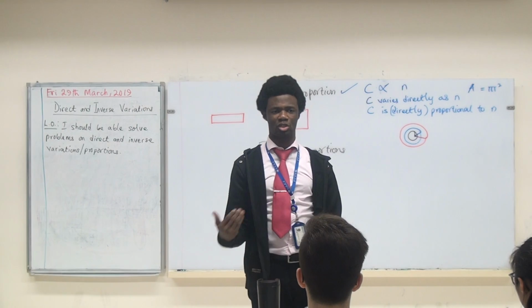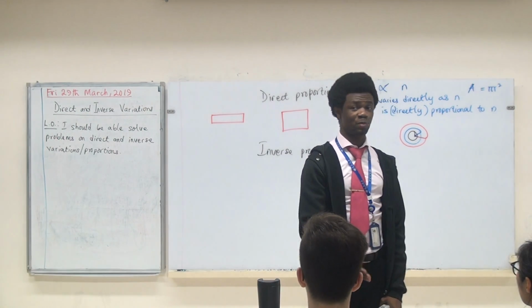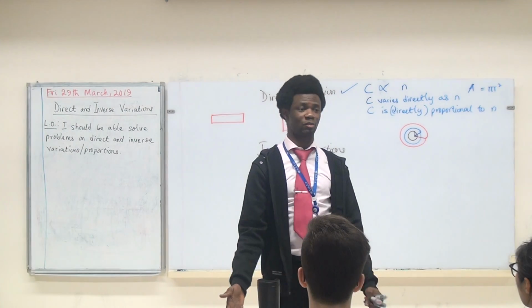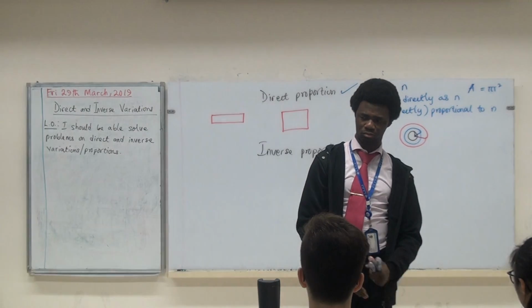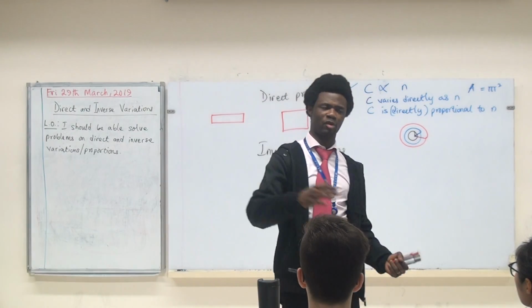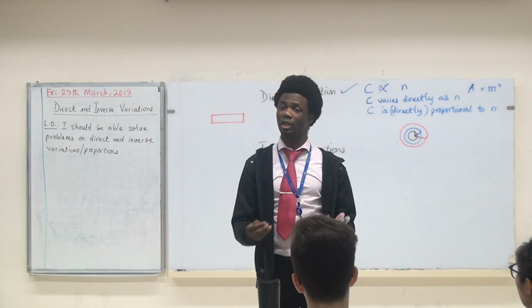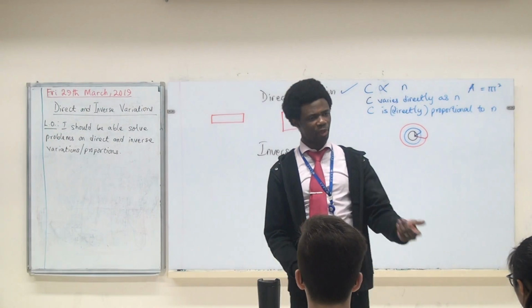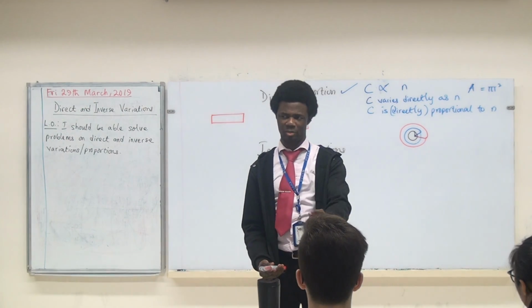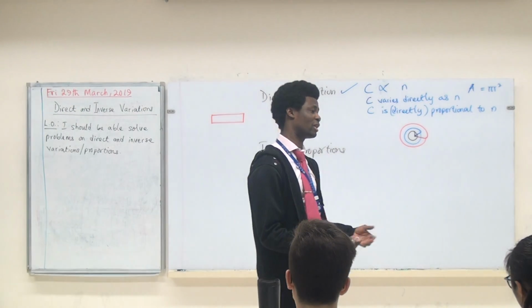If Alex decides to travel and there's just the parent at home, they will spend more days eating the same amount of cereal, right? Do you get my point? But if Alex was home and cousins came from mainland China to join, then they will consume the cereal in less number of days than the normal. Do you understand that? So more people in the house, less time to consume it, similar to the pizza example he gave us. Do you understand that? So these are inverse variation.